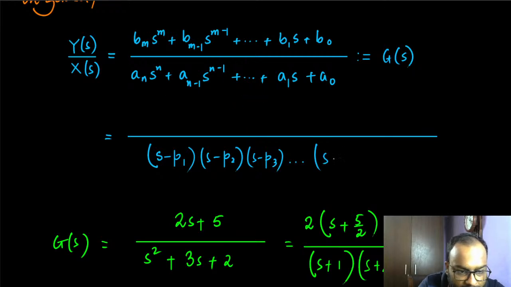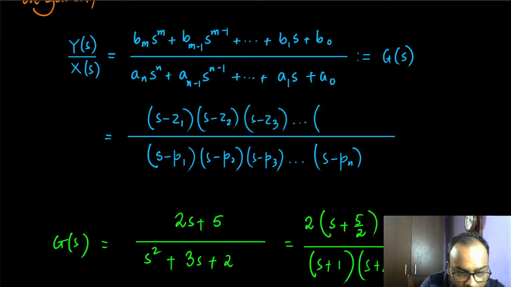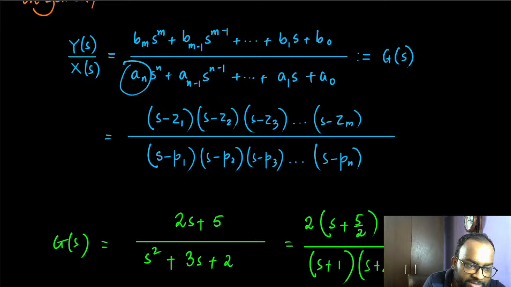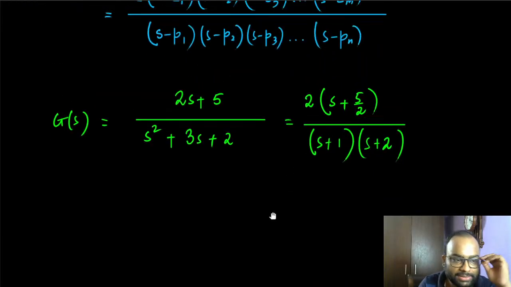In the numerator we are going to have m factors: (s minus z1), (s minus z2), (s minus z3), and so on, up to (s minus zm). Of course, I have to take care of the highest coefficient, so let's divide everything, and we end up with a constant term. That's again a factorized form of the transfer function. This is simple algebra, understandable. All right.